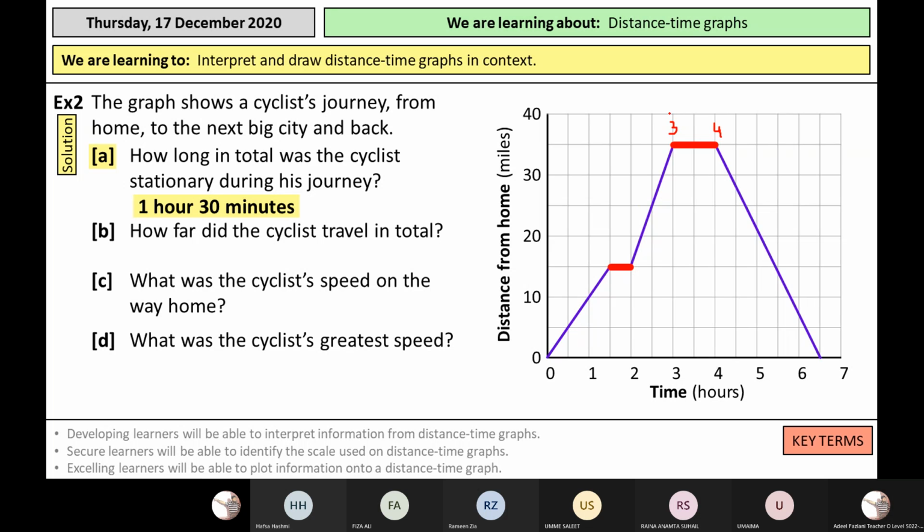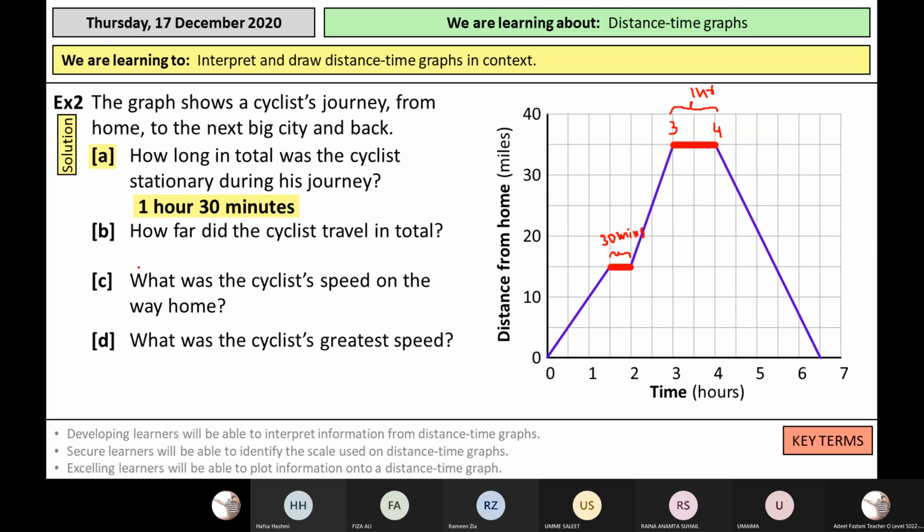So that means this is stationary for 1 hour. Yes or no? Now since this is half between 1 and 2, this is nothing but 30 minutes. So all together we'll write 1 hour 30 minutes. Those who got this answer, give yourself 1 out of 1 and a shiny star.